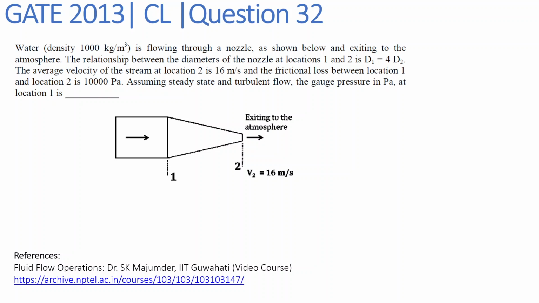The relationship between the diameters of the nozzle at locations 1 and 2 is d1 is equal to 4 times d2. The average velocity of the stream at location 2 is 16 meter per second, and the friction loss between location 1 and location 2 is 1000 Pascal. Assuming steady state and turbulent flow, the gauge pressure in Pascal at location 1 is dash.